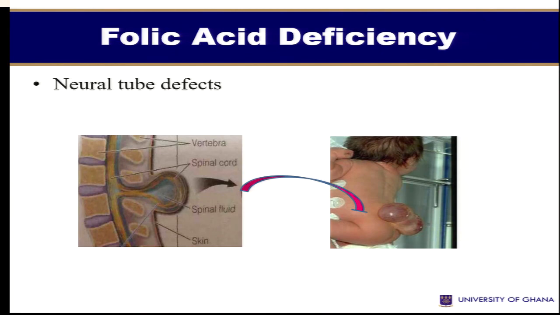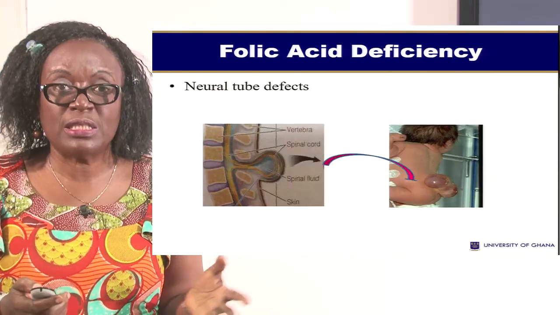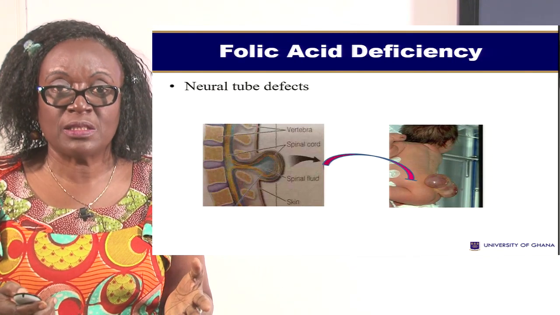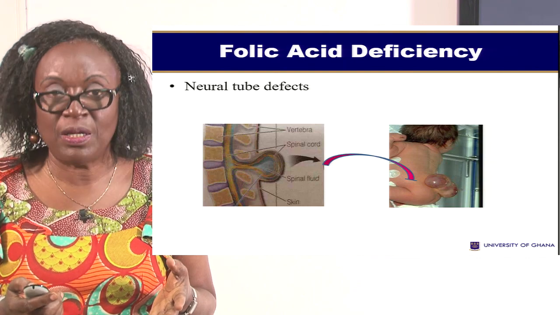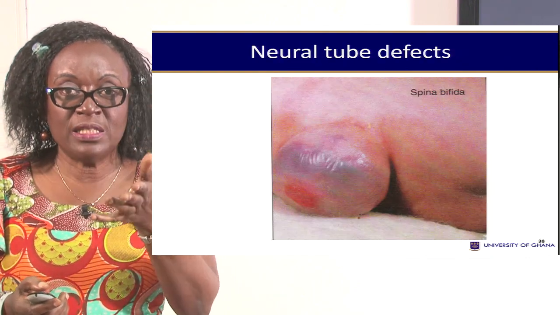So the baby is born with this, and then we in Africa we attach superstition. But this thing could have been prevented if the mother was eating any of the grains that we have available before and during her pregnancy. The critical period is before and then the first 3 months, where we have cell division taking place. So this is the neural tube defect.